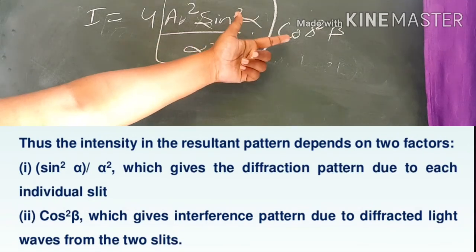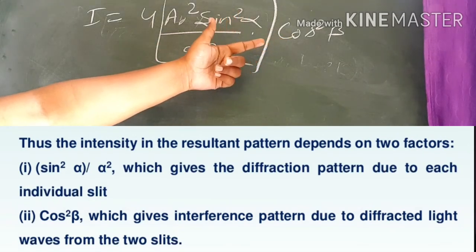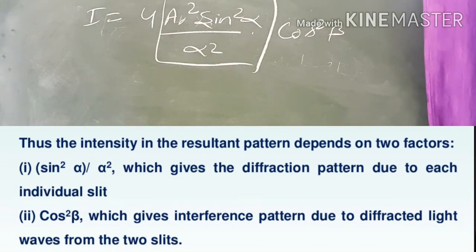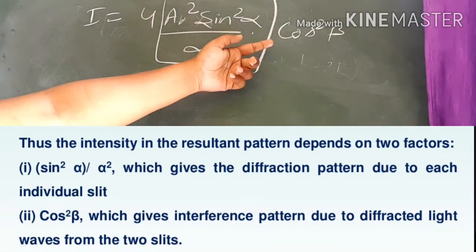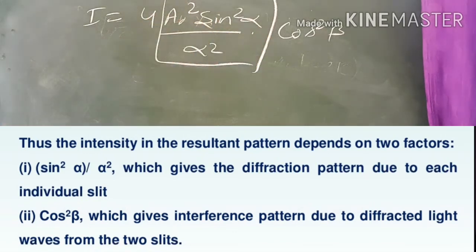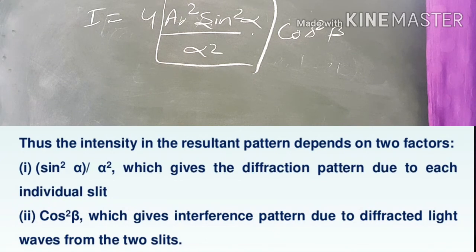And this is the extra term which corresponds to the interference fringes, the intensity due to interference. So this is the intensity distribution due to double slit. The outer fringes are due to diffraction, and the inner fringes are due to the interference pattern.